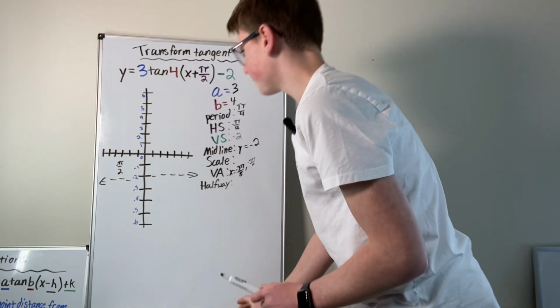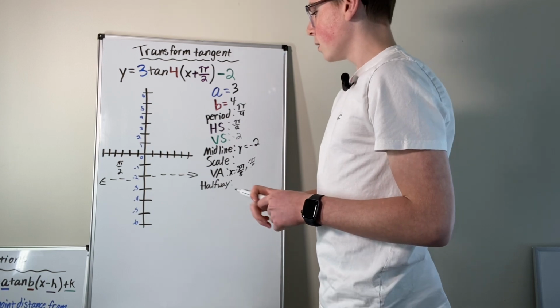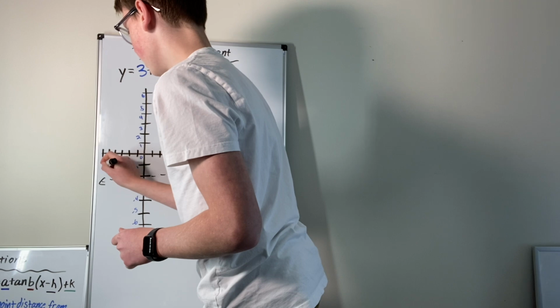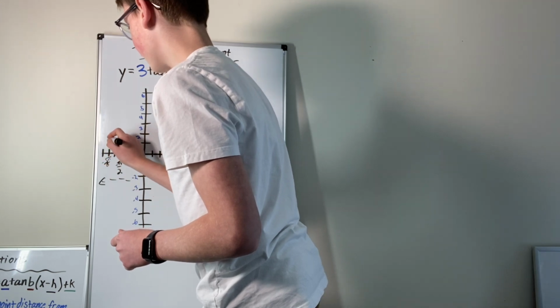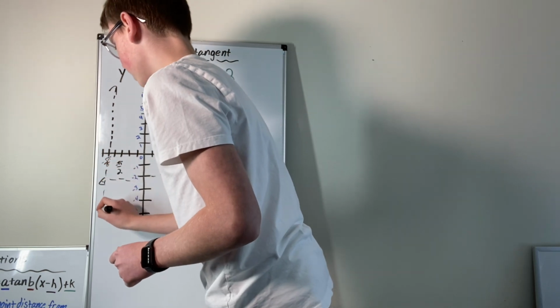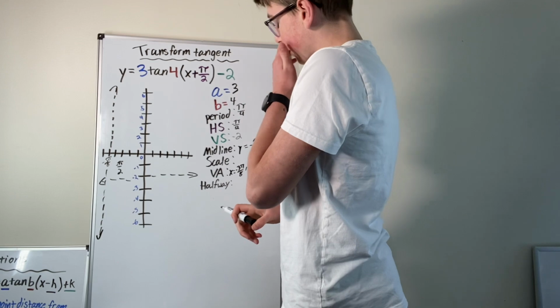So let's graph those. Let's find negative 5 pi over 8. Let's just say it is right here. This may not look to scale because I may have put negative pi over 2 in a weird place.